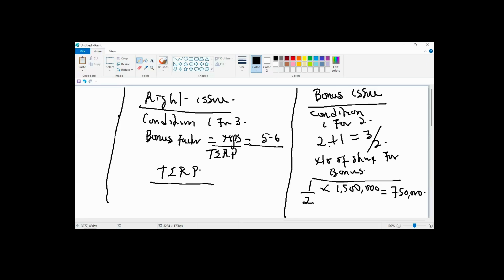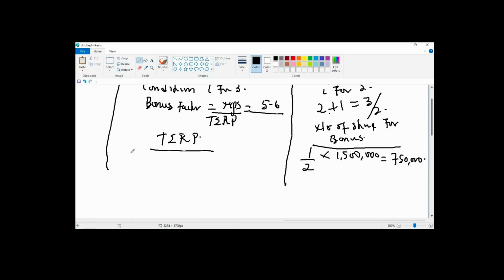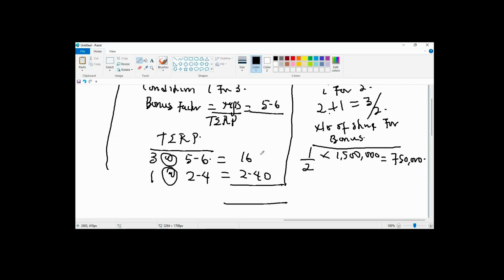Don't forget the condition: 3 at market price, 5.6, and the one you are giving me is below the market price, 2.4. 3 times 5.6 is 16.8. 16.8 plus 2.4 is 19.2.